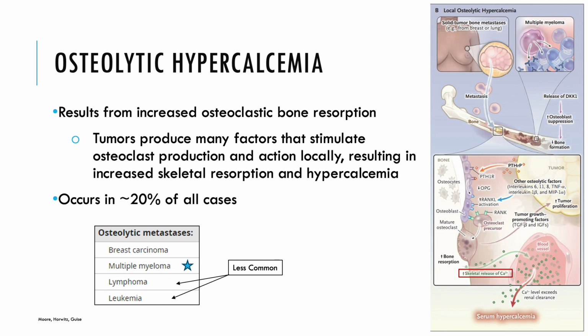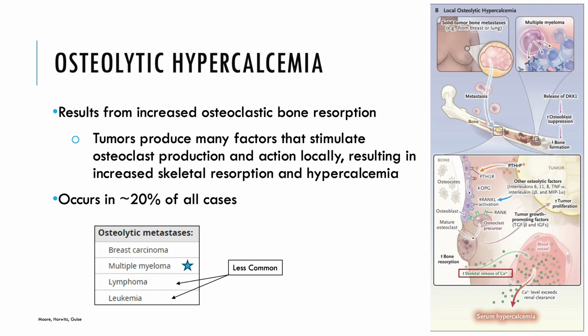The second most likely pathophysiology for hypercalcemia of malignancy that I'm going to discuss today is osteolytic hypercalcemia. This specific pathophysiology occurs in about 20% of all cases, and it's more common especially with multiple myeloma and maybe breast carcinoma.